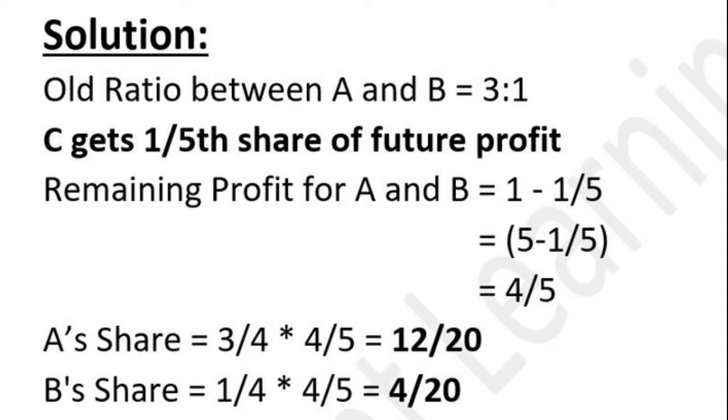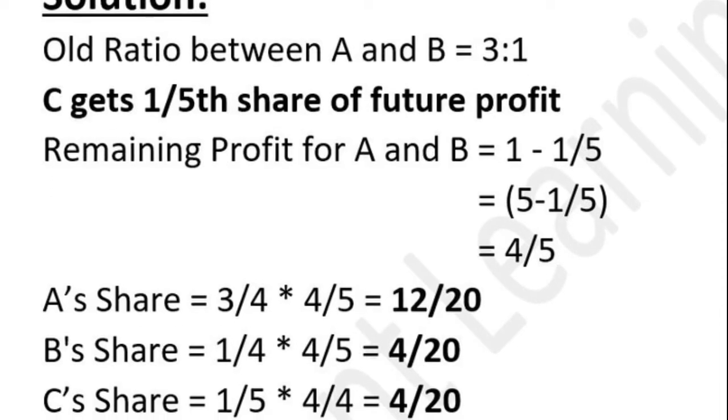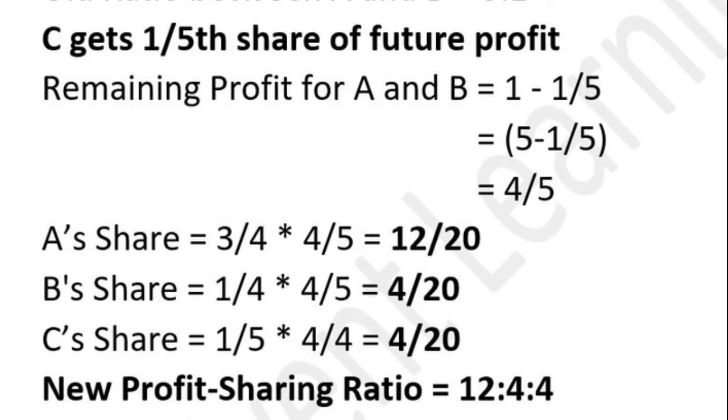So remaining profit for A and B is equal to 1 minus 1 by 5. 1 is the whole profit and 1 by 5 is the share of C. So we are left with 4 by 5. Now A's share is equal to 3 by 4 multiplied by 4 by 5. 3 by 4 is his old profit sharing ratio and 4 by 5 is the remaining profit share.